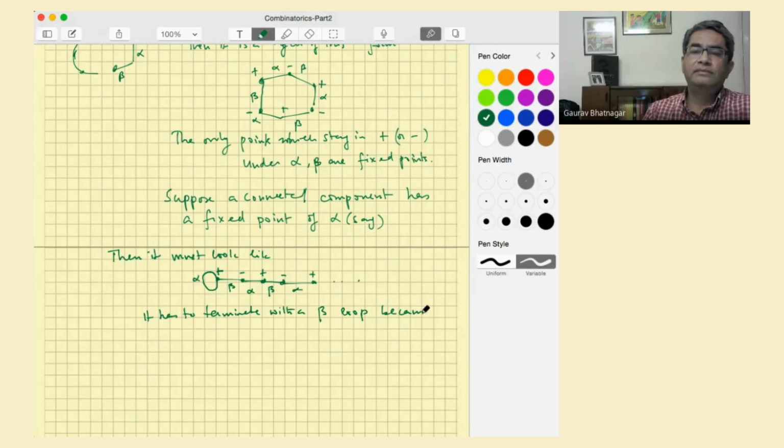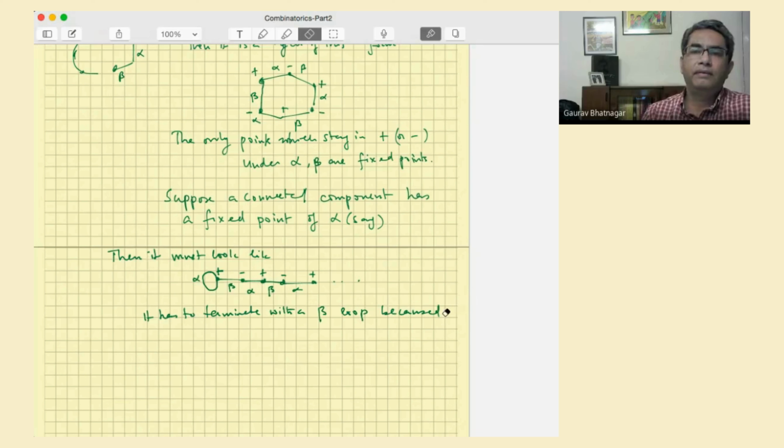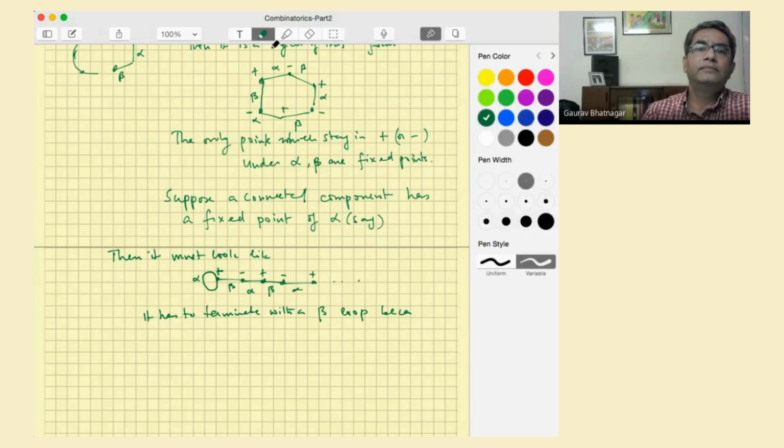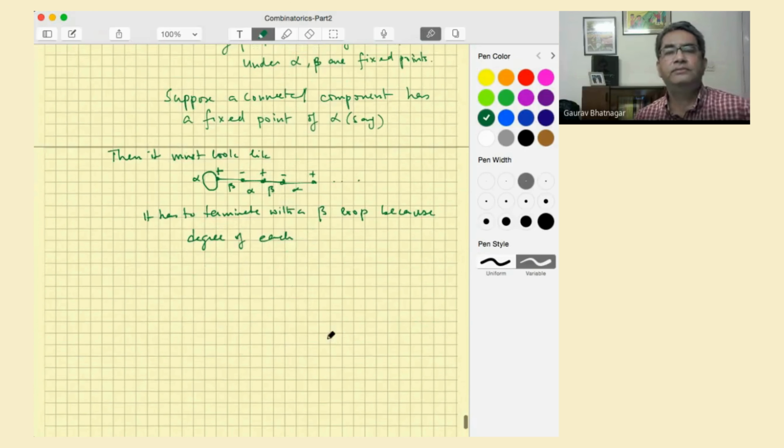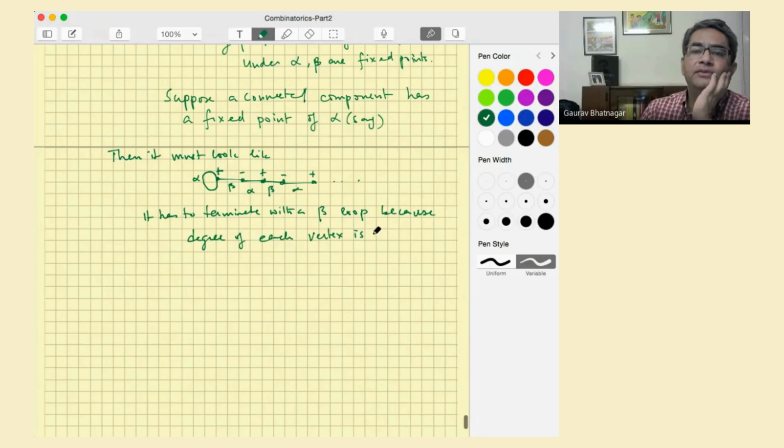Why? Because the degree of each vertex is 2. So it can't cycle back here because otherwise the degree becomes 3.